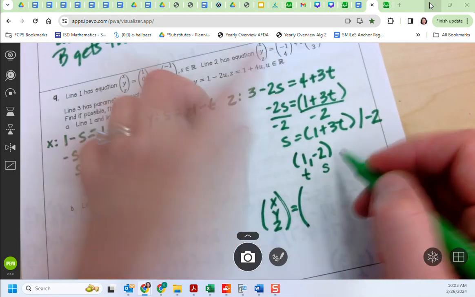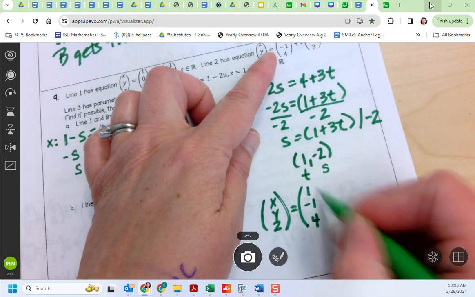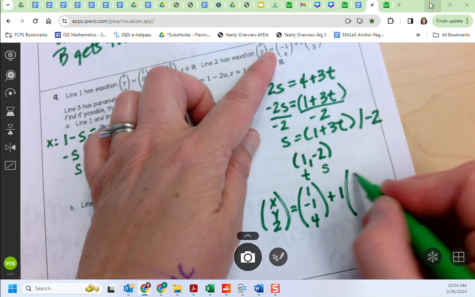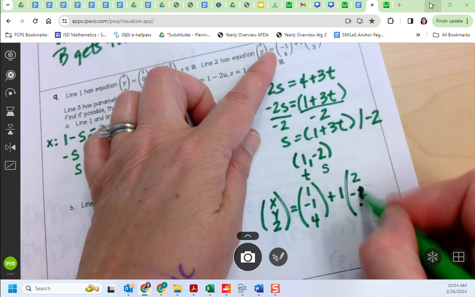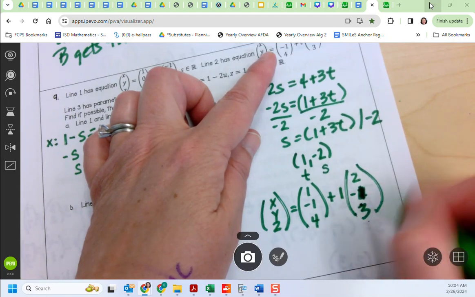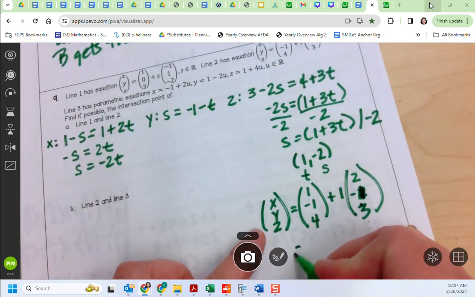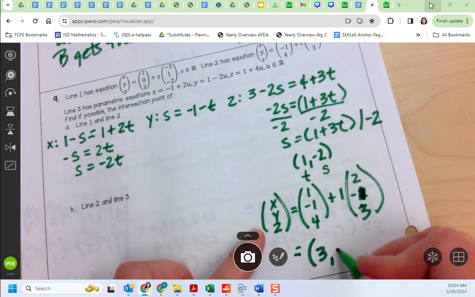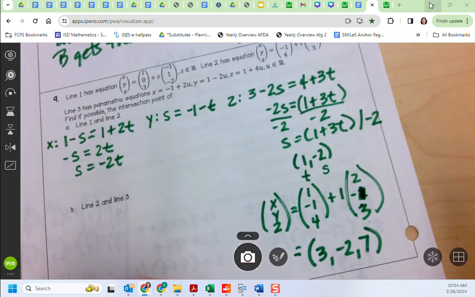You could have put the other one in for S, that would have worked too. 1, -1, 4, plus 1 times 2, -2, oh, -1, my bad. Why am I even changing that? 3, 2, -1, 3, yeah, okay. All right, and so then if I add those up, I'm going to get the point 3, -2, 7, and that's where they intersect.